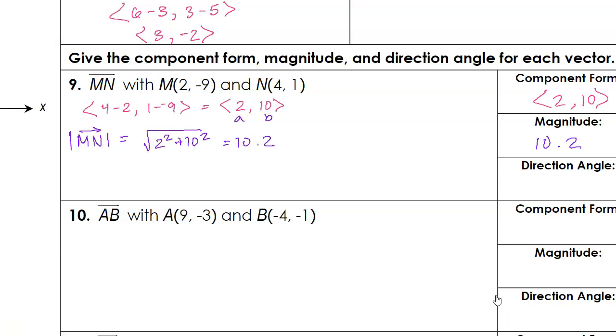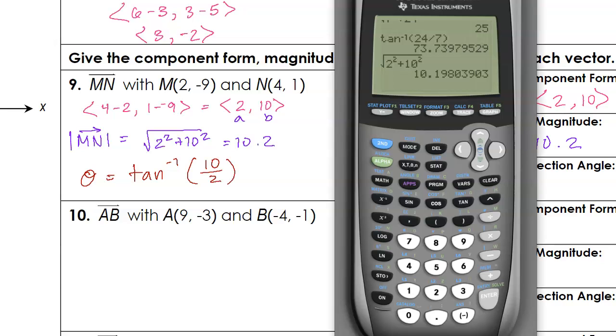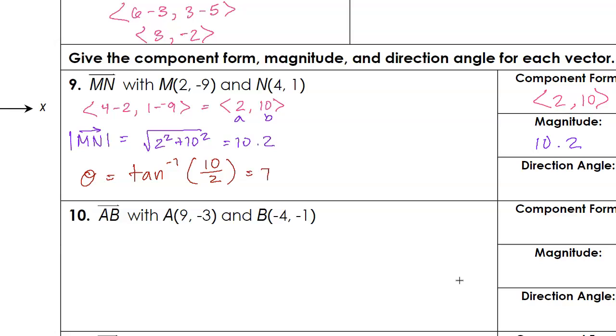And then lastly, we're going to find the direction angle. To find the direction angle, you always use the inverse tangent of the b value, which is 10, over the a value, which is 2. So inverse tan of 10 over 2 is 78.6. Now, this is where direction angles are a little bit tricky.